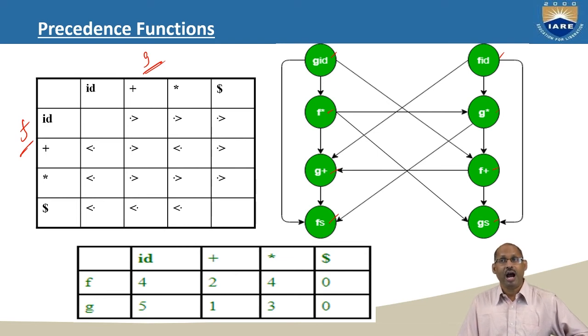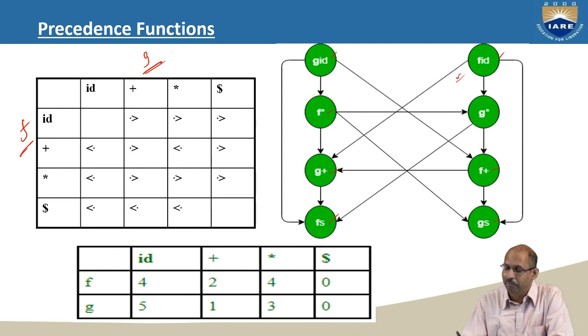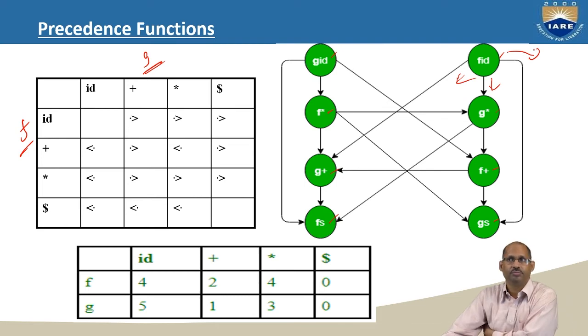Then what is our next step? We have to draw the arrows from the operator-precedence relations in the table. Then FID is greater than G plus. FID to G plus, FID to G multiplication, then FID to G dollar.